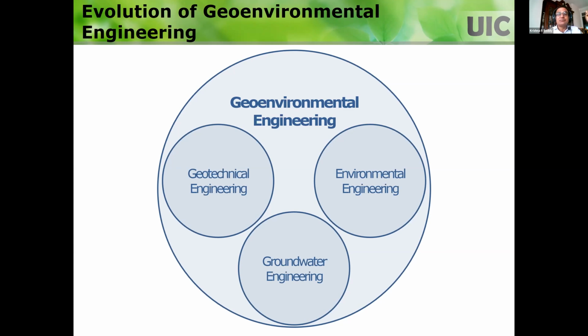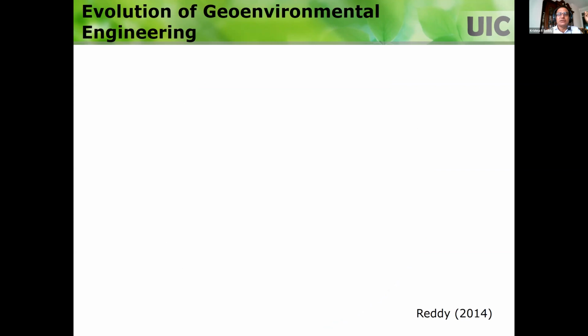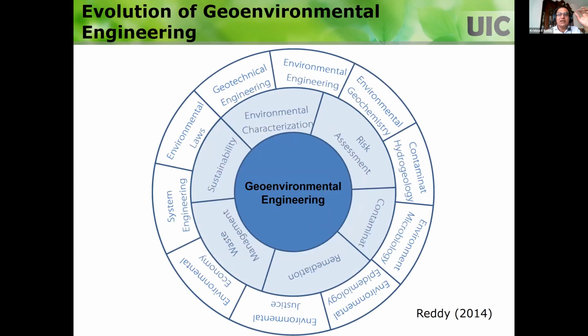But if you look at it, a lot of these geoenvironmental problems are really very broad. If you are talking about contamination, we really need to do the environmental characterization of that contamination. What are you dealing with? If I'm dealing with a waste for disposal, you need to characterize that. If I'm looking at contaminated soil or groundwater, what is the problem? Characterization of the problem is important. And then you have to assess the risk of the contamination.